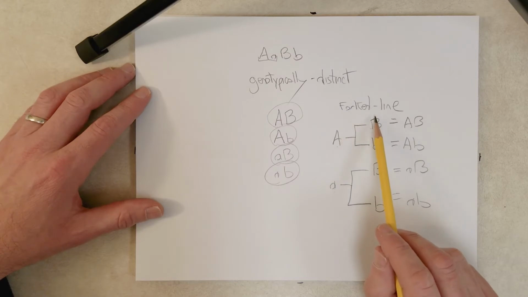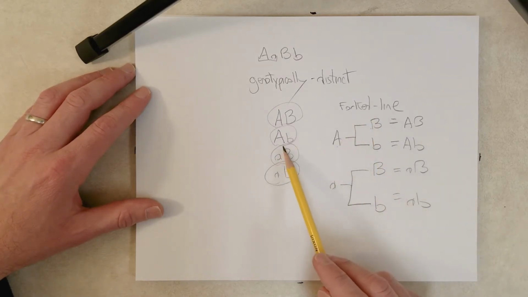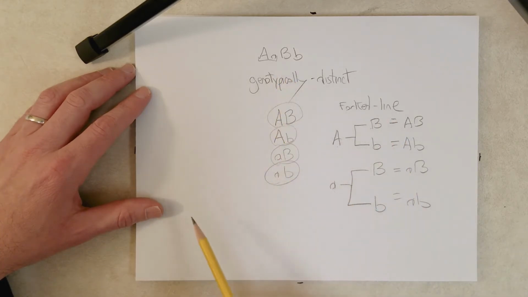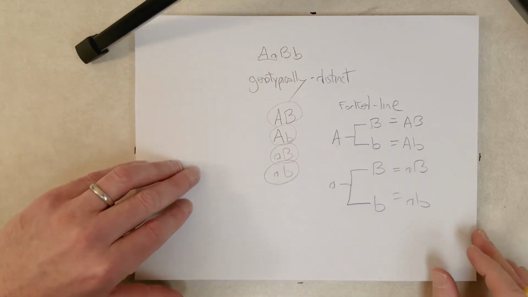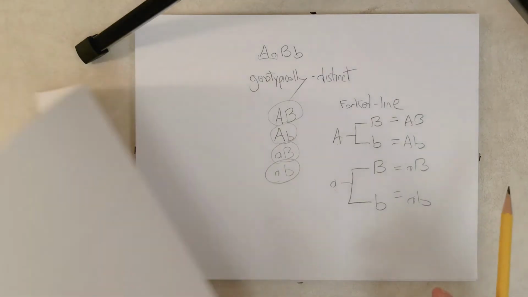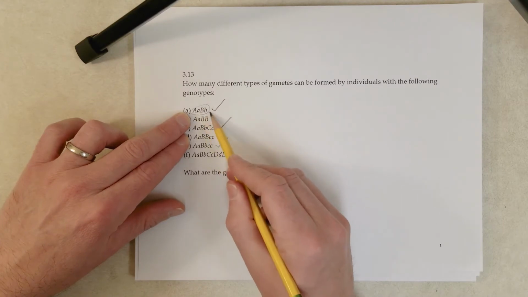And it works way better than the sort of in your head method when you have more than 2 pairs of alleles. So the answer for this one right here is 4.